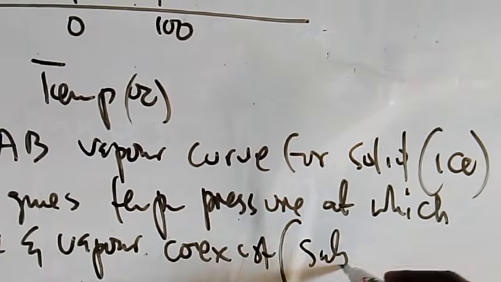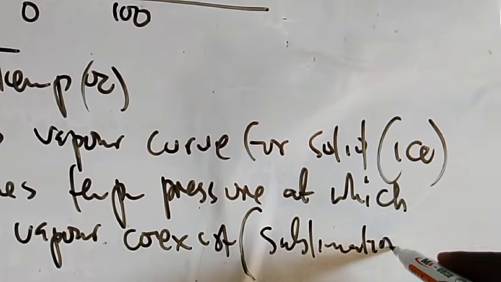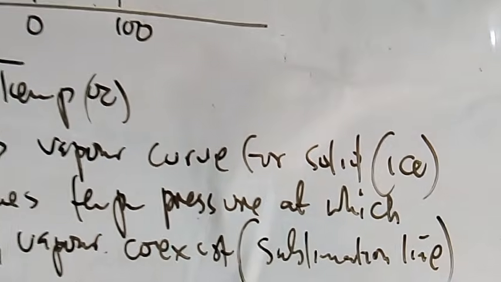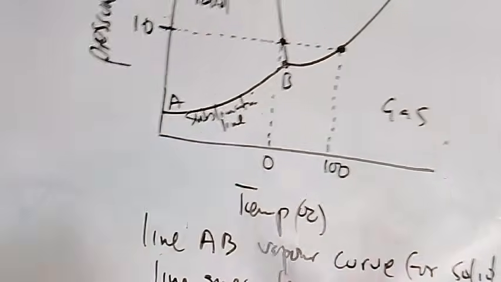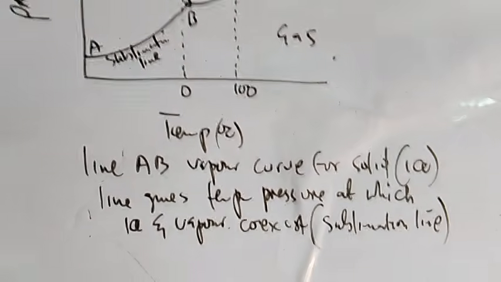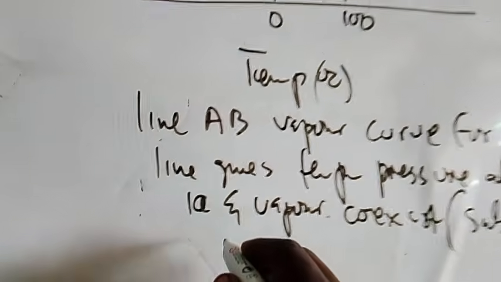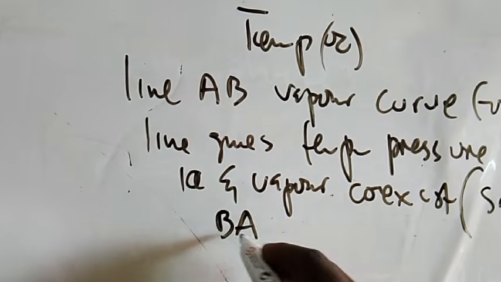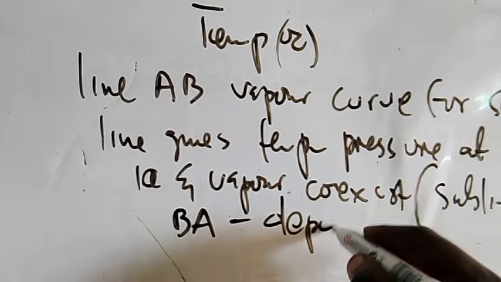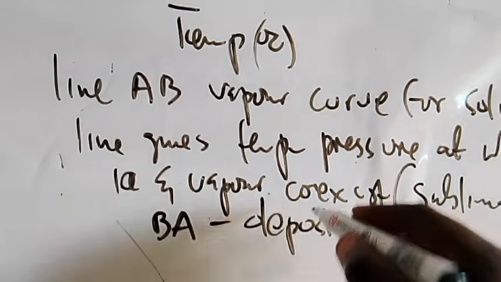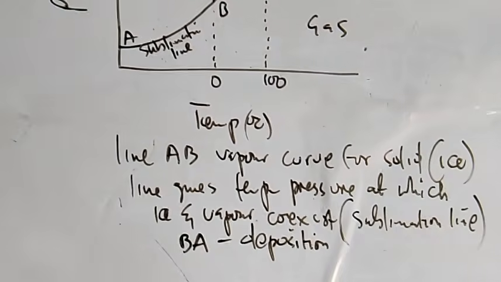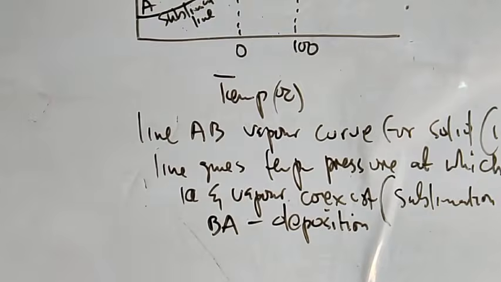So line AB is a sublimation line. Okay, so A to B, that is sublimation. Then B to A, that is deposition. Like gas to solid, deposition.